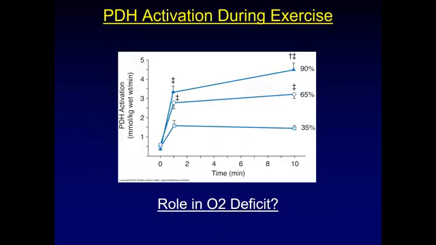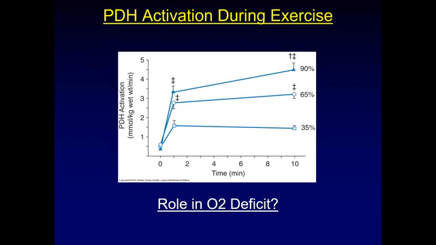You say, why? It's because of this. These are data where they measured, and this was in a test tube, so you've got to take it with a little bit of a grain of salt. This is the activation or activity of the PDH enzyme. Here we have people at 0, resting, it's all down here. Then they did a walk at 35% of VO2 max.